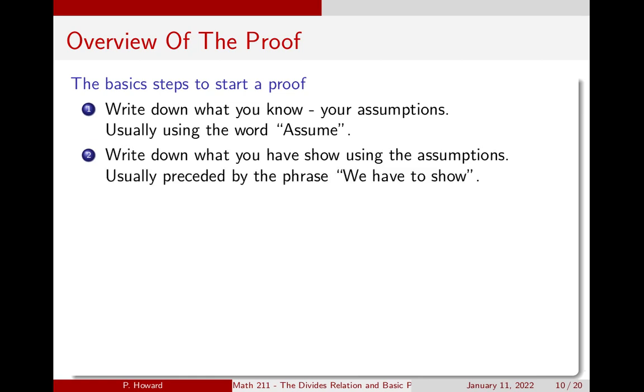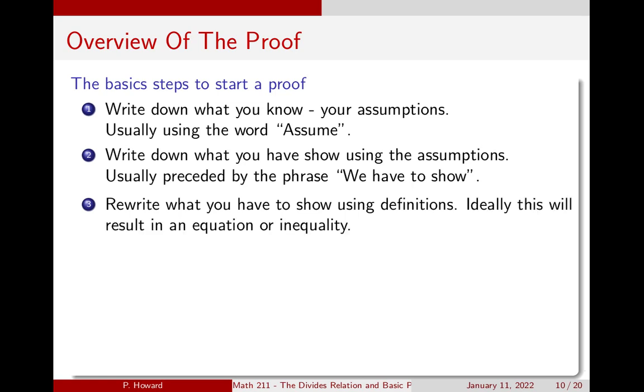It's always good to precede these by a phrase like, we have to show. Third, rewrite what you have to show using definitions. Ideally, this will result in an equation or possibly an inequality that you have to show. And then do any obvious simplifying in that equation or inequality.